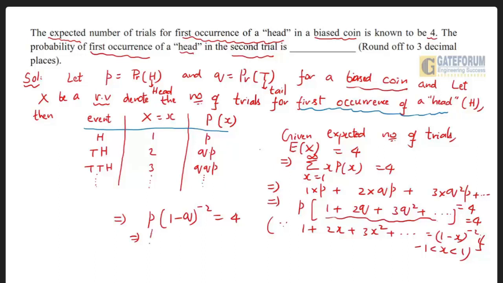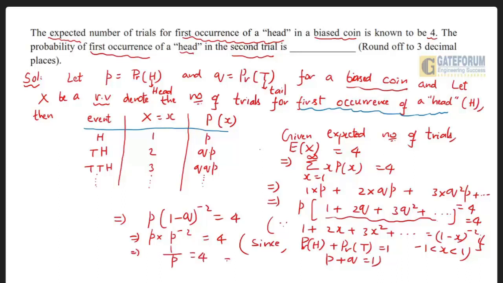So this is p times p power minus 2 is equal to 4. Since probability of head plus probability of tail, only two outcomes, is 1. That is small p plus q is equal to 1. Now this is 1 by p is equal to 4. From this small p is equal to 1 by 4.